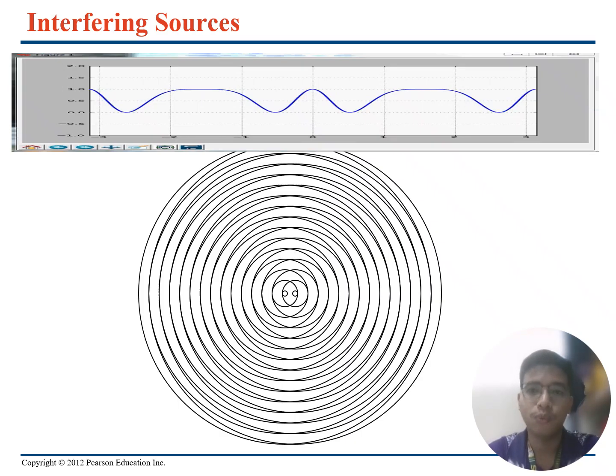Between these bright regions are dark fringes, where destructive interference causes the intensity to approach zero.